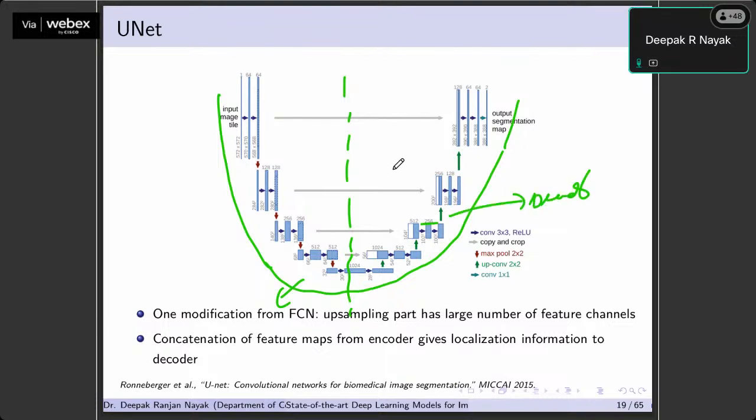You will find a lot of difference compared to FCN and SegNet. The major difference you will find here is this connection, which was not there before. Although this part is the encoder, the decoder is the mirror of the encoder, but here they are not storing the pooling indices. They have introduced transpose convolution.